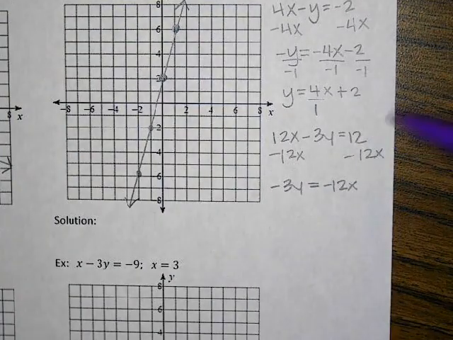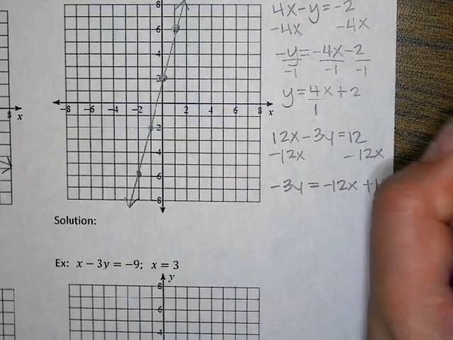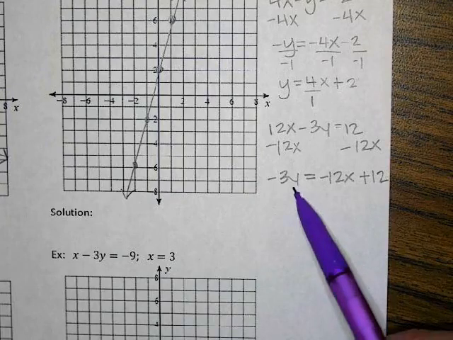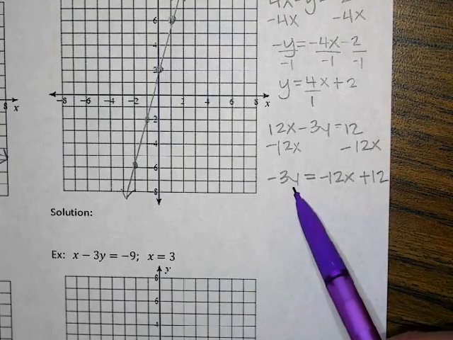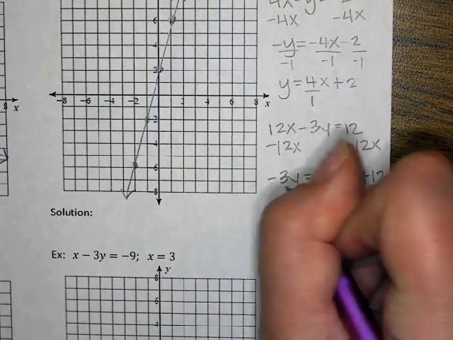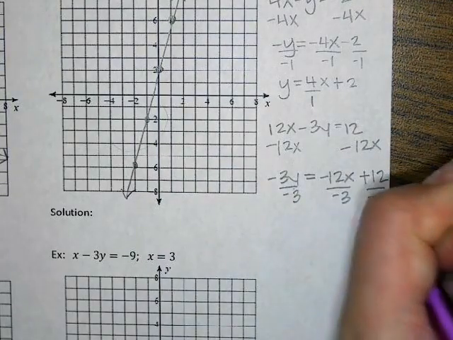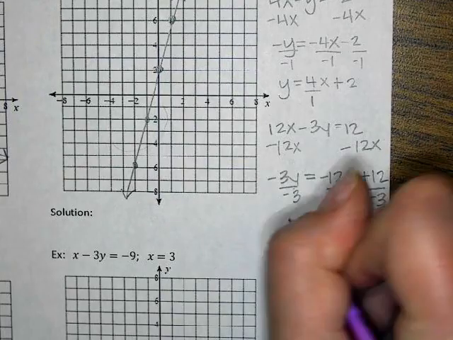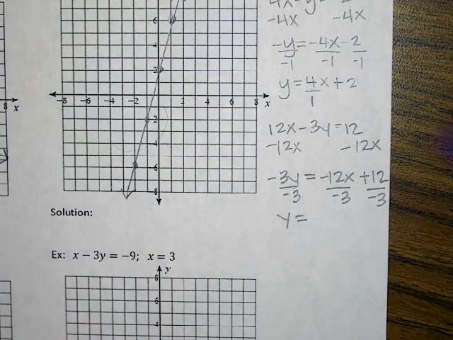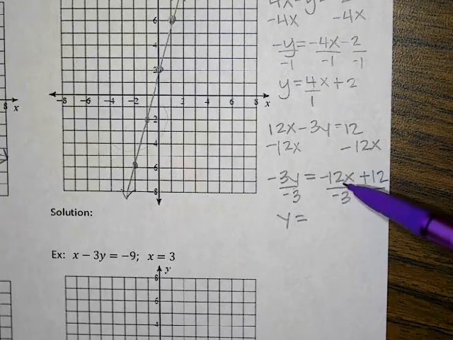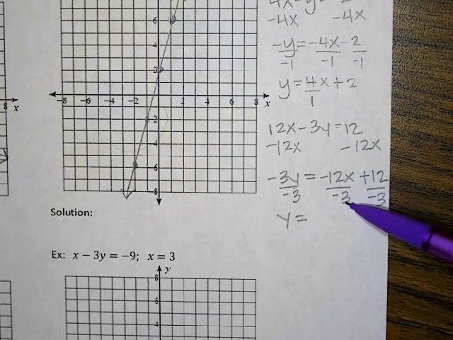Plus 12, okay. And then I want to get the y alone. Divide by -3. Okay. So y equals, anyone know what -12 divided by -3 is?